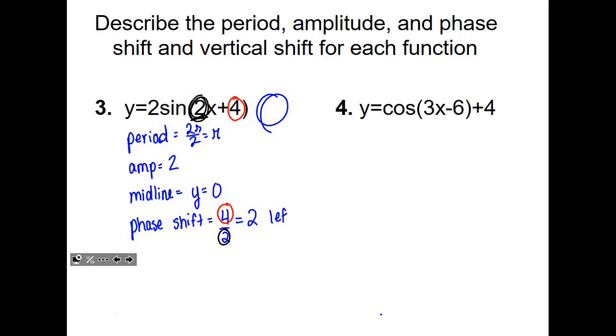Left. Opposite direction. So if you have a plus 4, it's left 4. If you have a minus 4, it's right 4. Or you may see this given as negative 2, depending on how they work out the key. All right, questions?